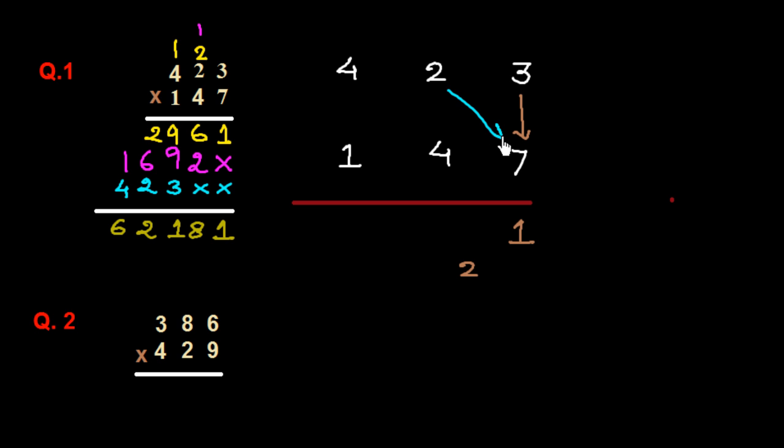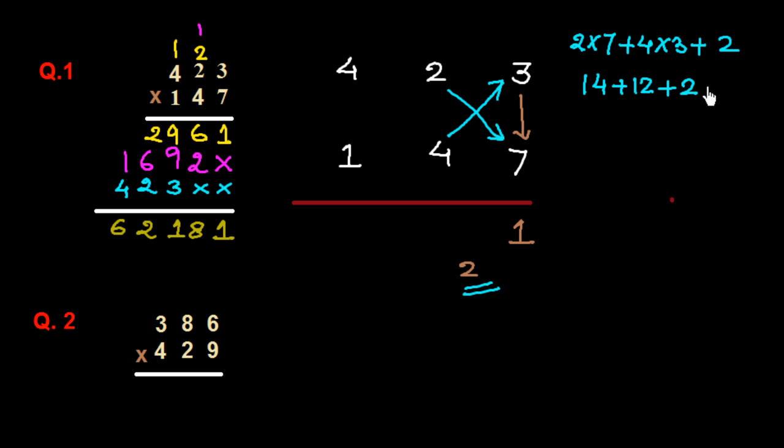So we get 2 multiplied by 7 and 4 multiplied by 3, and we add them up, also adding the carried number. 2 into 7 plus 4 into 3 plus 2. 2 is the carried number we have to add here. So it is 14 plus 12 plus 2. So it is 28 now. So we put down 8 here and take 2 carry.